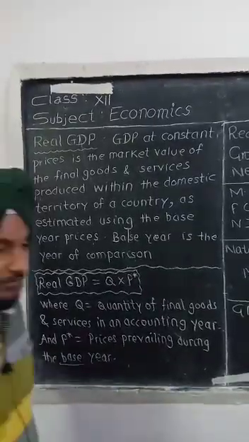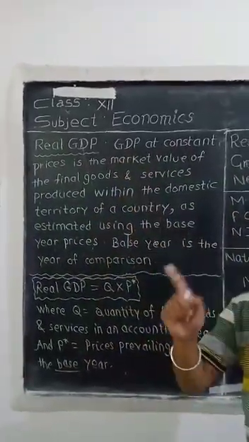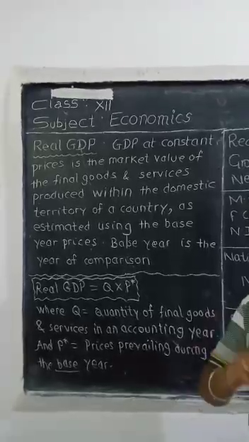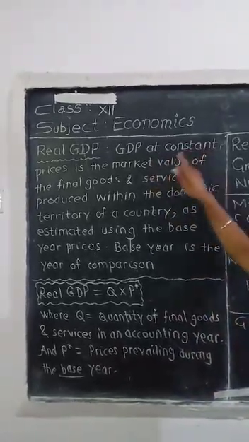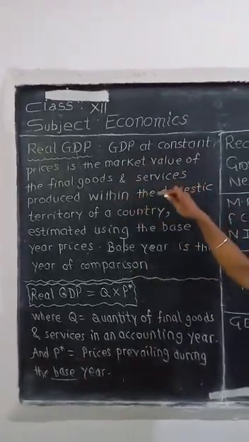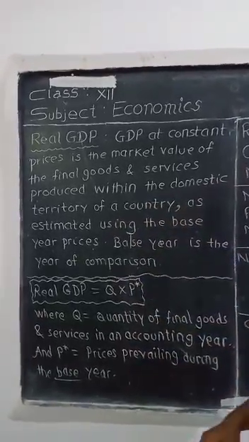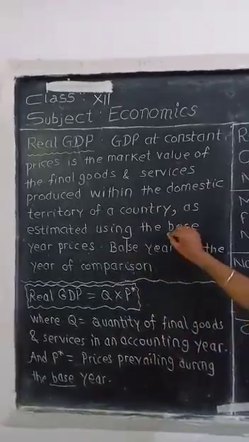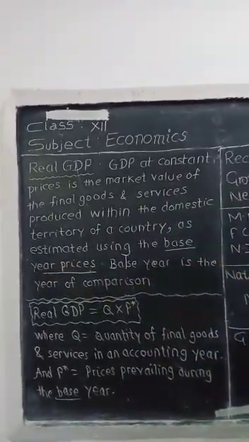Yes students, so now we are going to discuss the real GDP. Earlier we had touched nominal GDP, now we are going to discuss the real GDP. So GDP at constant prices is the market value of final goods and services produced within the domestic territory of a country as estimated using the base year prices. So base year is the year of comparison.